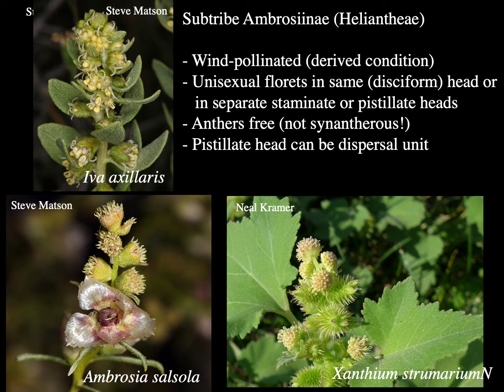Or in some genera like Ambrosia and Xanthium, shown in the lower panels here, we have staminate heads and pistillate heads. So we can see here in Ambrosia and Xanthium, the staminate heads are towards the terminus of the capitulescence, and the pistillate heads are proximal within that capitulescence.